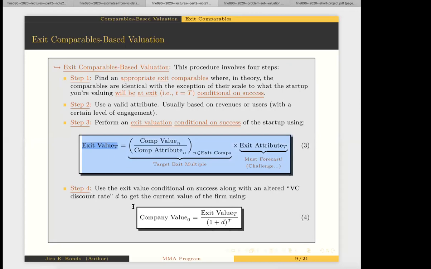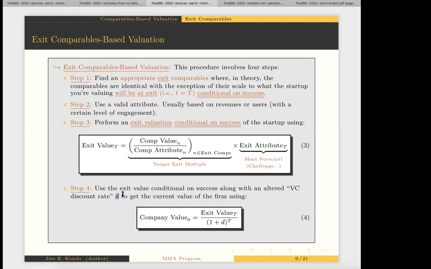And then in a final step, we went from exit value conditional on success to the value of the company today by, loosely speaking, discounting it using the VC discount rate, which was a number substantially higher than the true discount rate for the company.